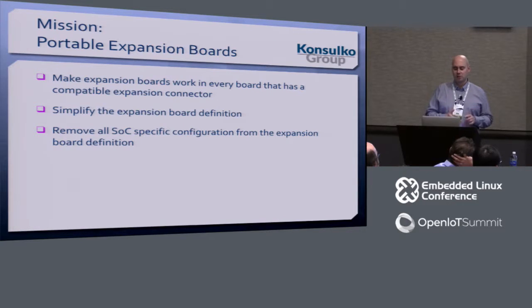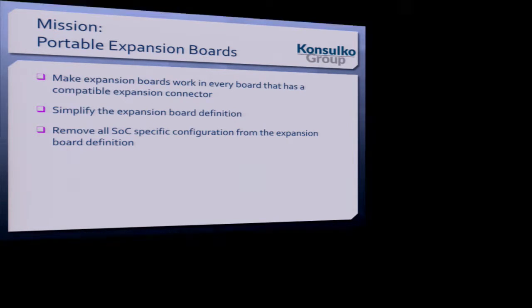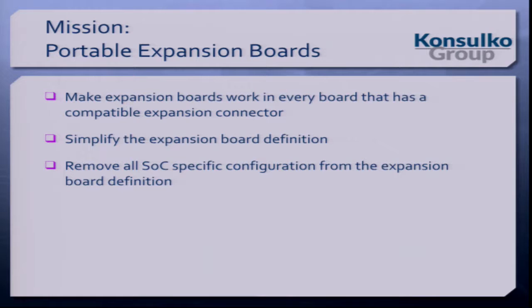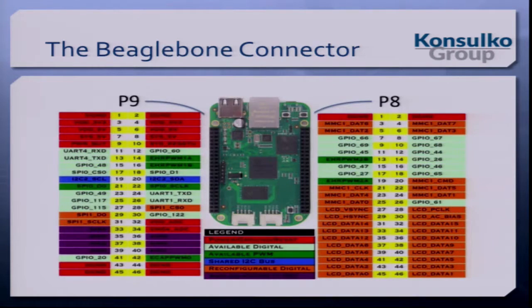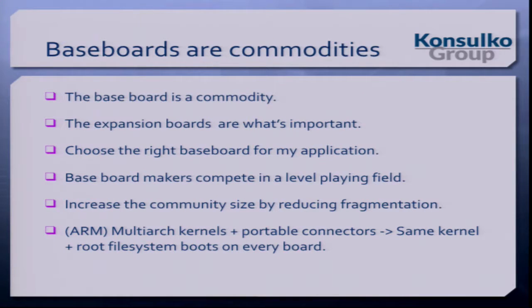So we have to make expansion boards work in every board that has a compatible connector. We have to simplify the expansion board definition and remove any kind of SoC-specific configuration. And you have to make these things work easily. Because actually, baseboards are commodities now.